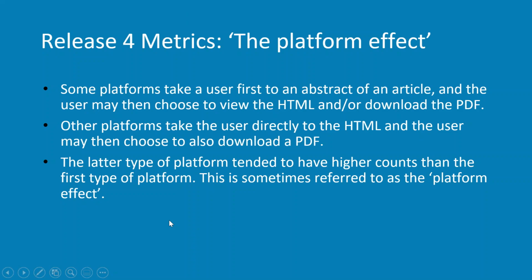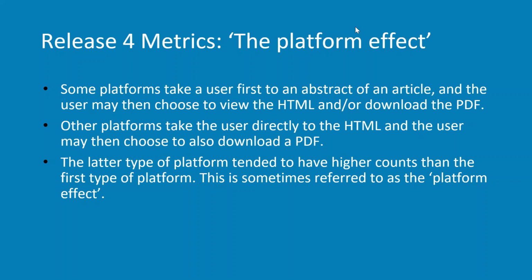Now, one of the consequences of those Release 4 metrics is something that is sometimes referred to as the platform effect. As you're all aware, some platforms take the user first to an abstract of an article, and the user may then choose to view the HTML and or download the PDF.